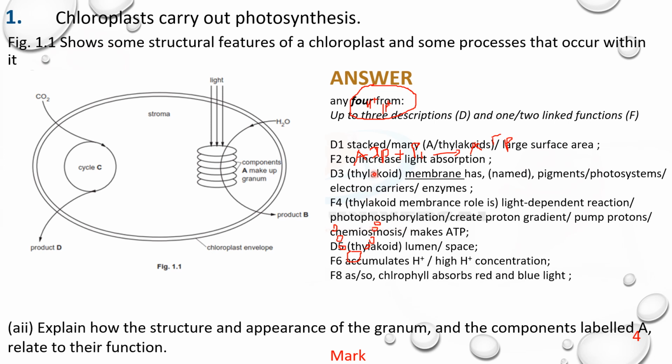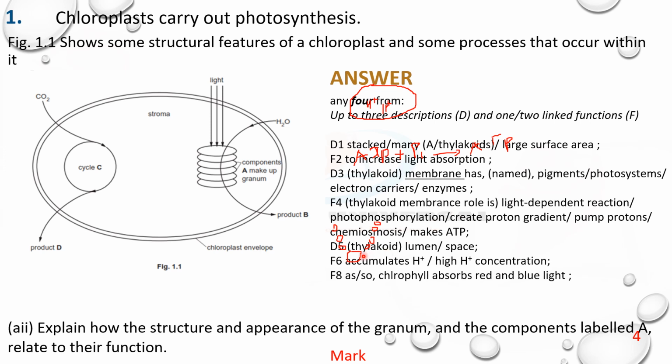Chemiosmosis is when we make ATP by joining ADP and inorganic phosphate. When electrons are passed from one carrier to another, energy released is used to pump protons into the thylakoid lumen, and when they diffuse out through ATP synthase, that is what is called chemiosmosis. Protons move down the concentration gradient, and the movement causes ATP synthase to join ADP and inorganic phosphate to form ATP. Is that okay? So that's what happens, guys.